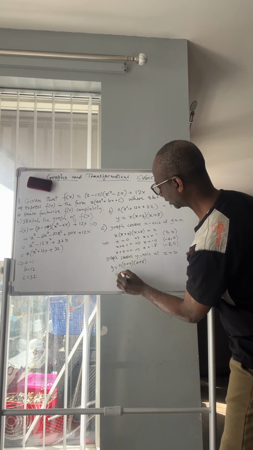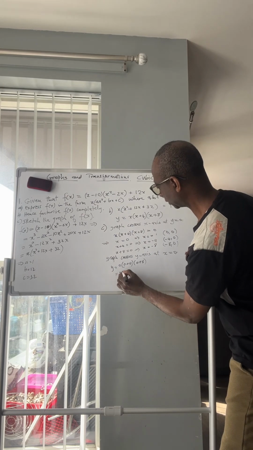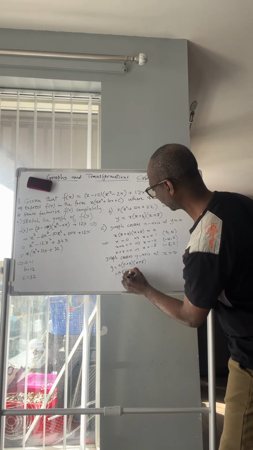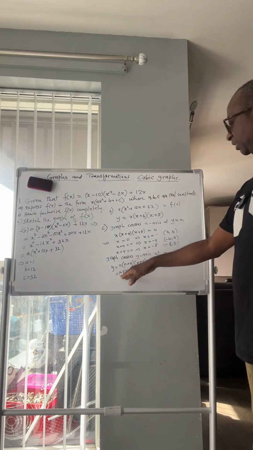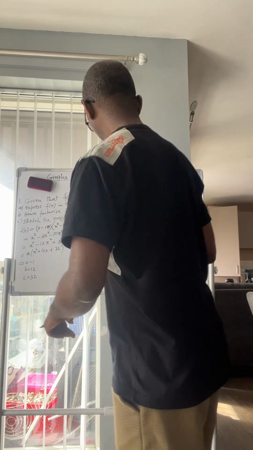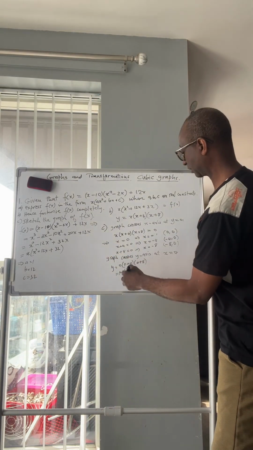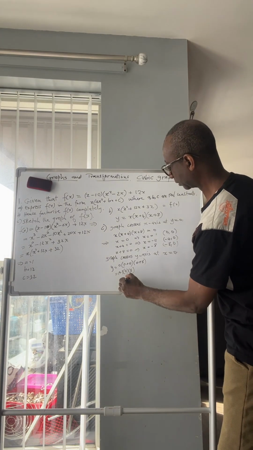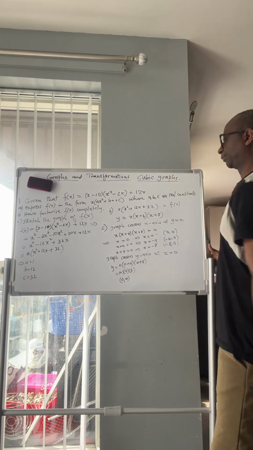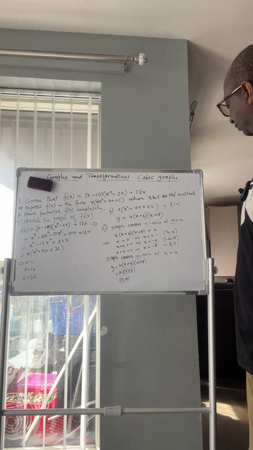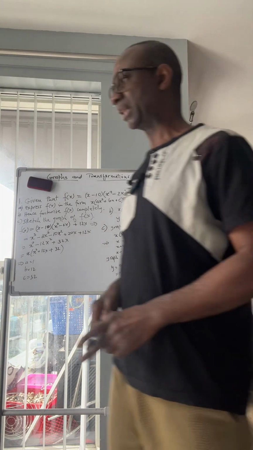And you're having here 0 multiplied by 4 multiplied by 8. 0 multiplied by any number is 0. So everything is 0. So the graph crosses the y-axis at 0, 0.